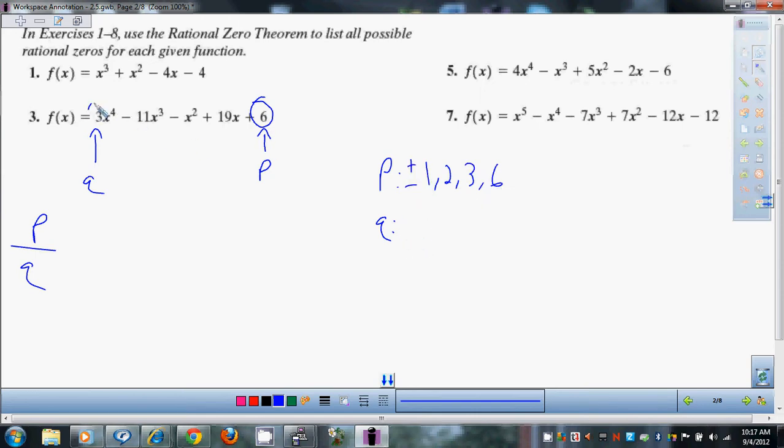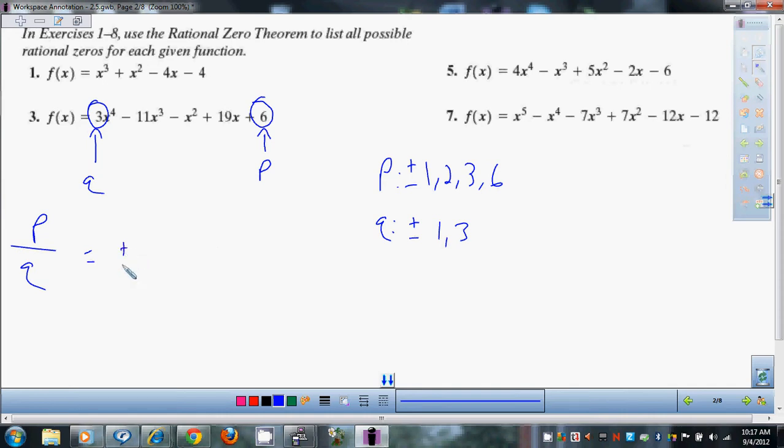What are all the numbers that multiply to get Q? Plus or minus 1 and 3. So the rational root theorem says, if you're going to have a zero to this function, that's going to be a nice, pretty, either a whole number or a simple fraction, it's going to be of some form P over Q.